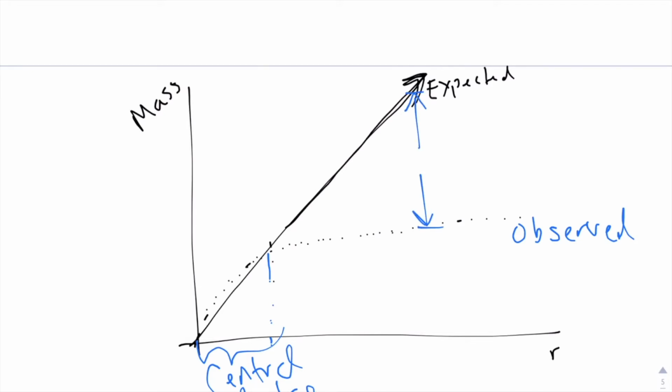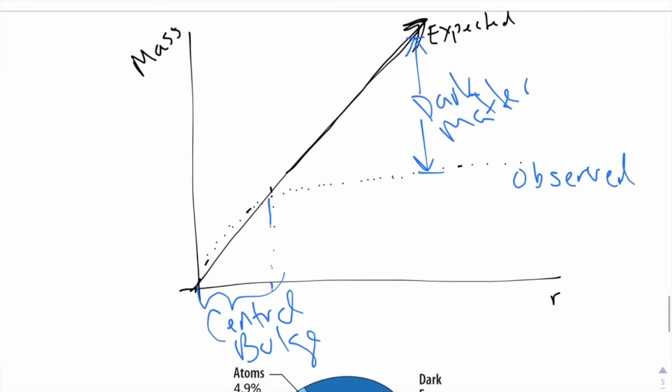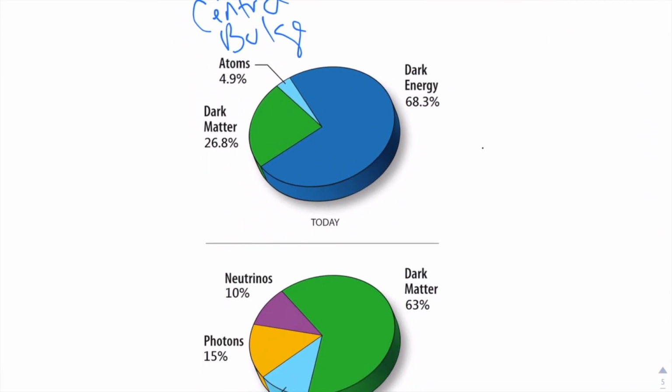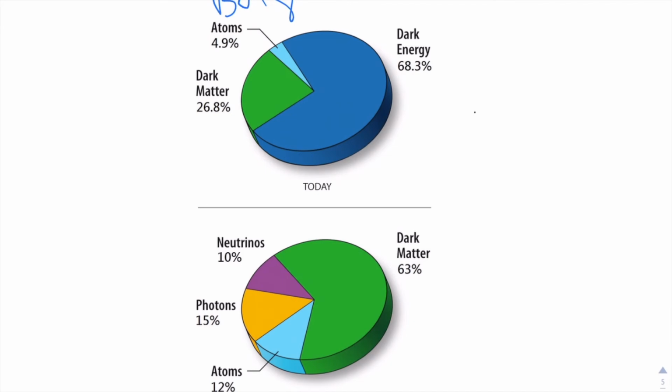The way we explain this is through the theoretical construct of dark matter. It's matter that we can't see, that we can't observe, but we know that it is there, or at least we know that it is affecting visible matter. And in fact, dark matter, if it exists, is much more plentiful than visible matter, as we can see from this chart.